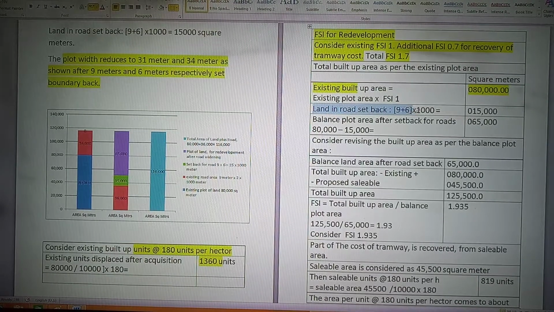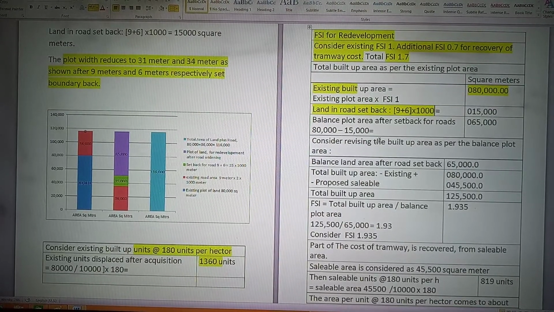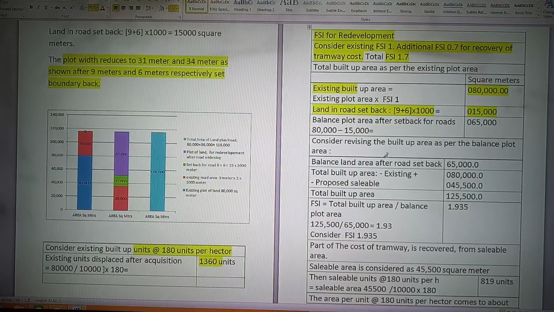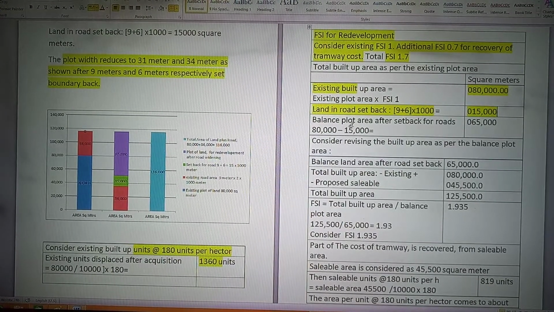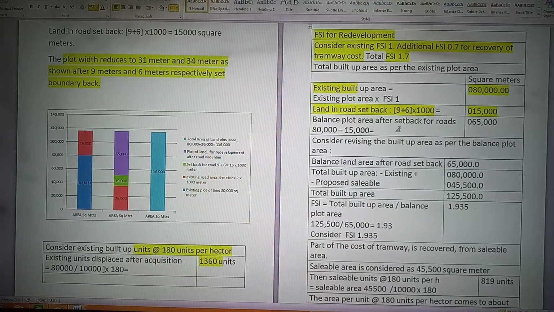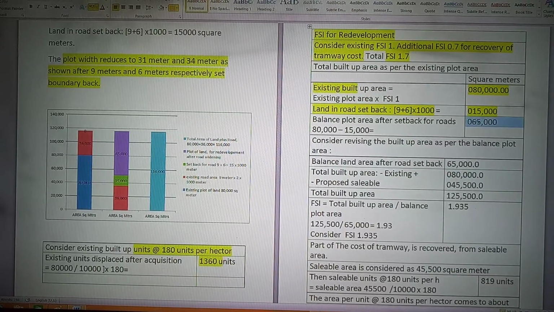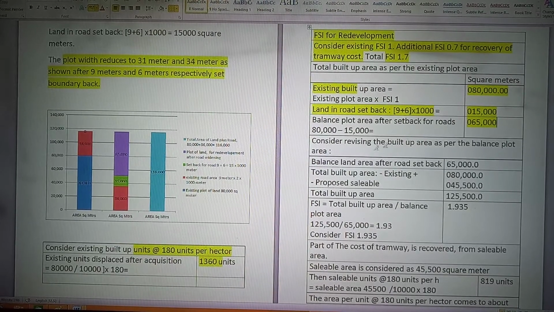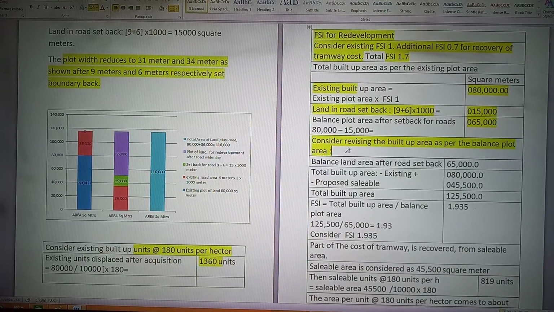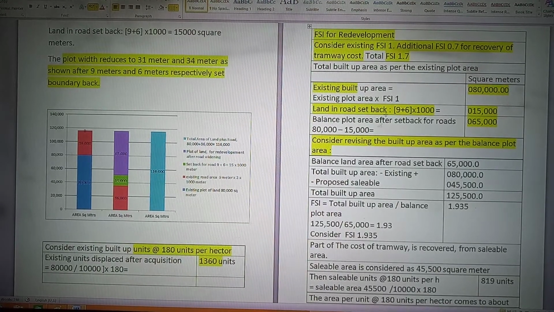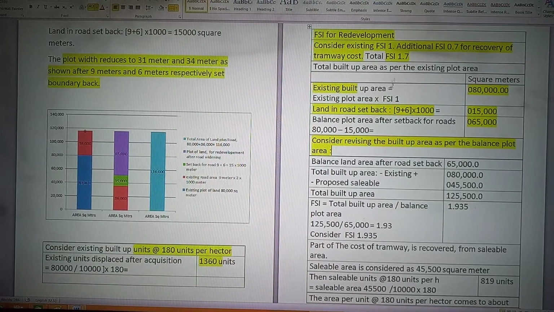Then land in road setback is 15,000. So 80,000 minus 15,000 comes to 65,000. That is the remaining plot area, the balance plot area. So we will calculate the FSI again, which is 1.7.